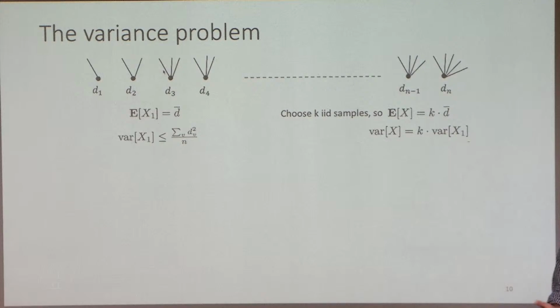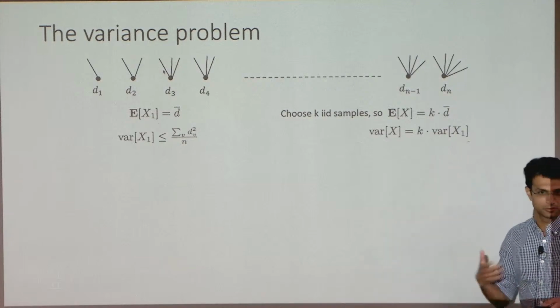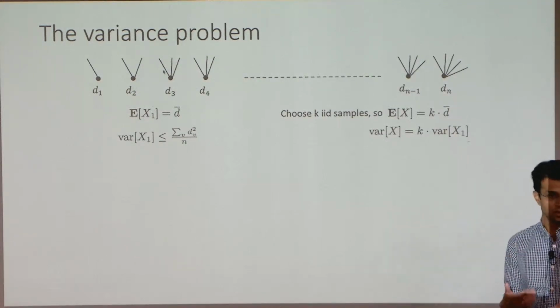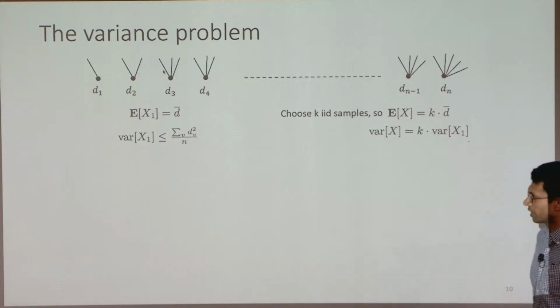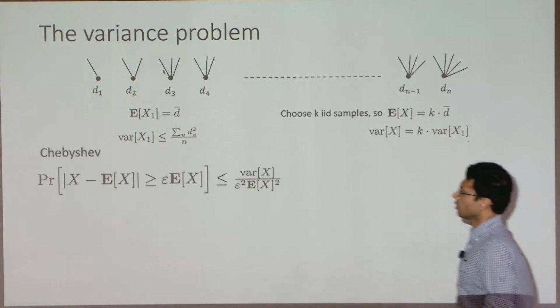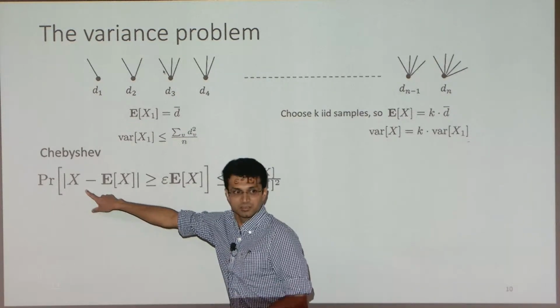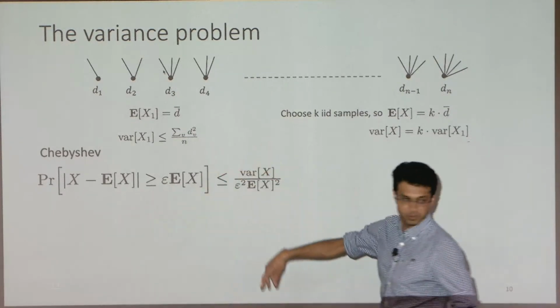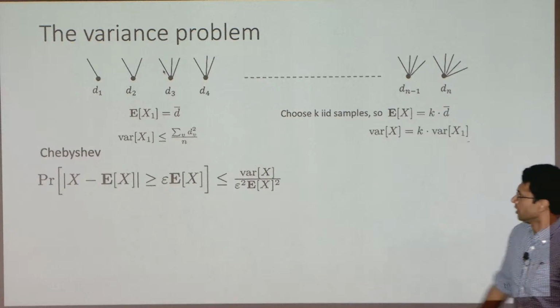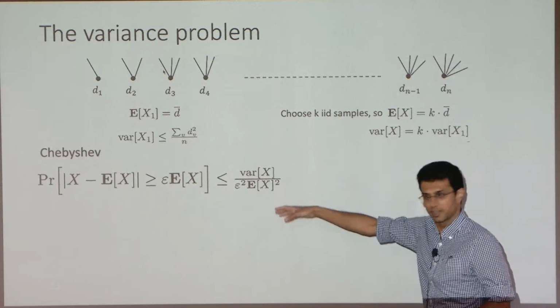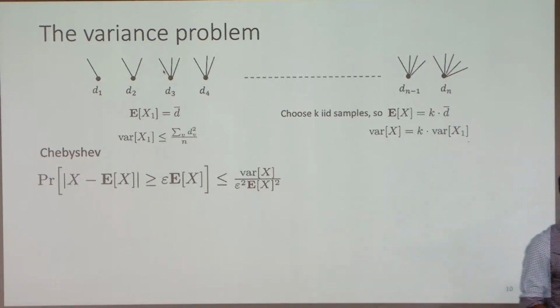Okay, so let's just plug in Chebyshev and see what is the value of k that we need to get some kind of concentration. Sort of the first obvious thing you do in a randomized algorithms course, you'll say, okay, what is the probability that X minus the expectation is more than epsilon times the expectation, that you deviate more than epsilon times the expectation? Well, that's the variance of X divided by epsilon squared times the expectation of X squared. Right?